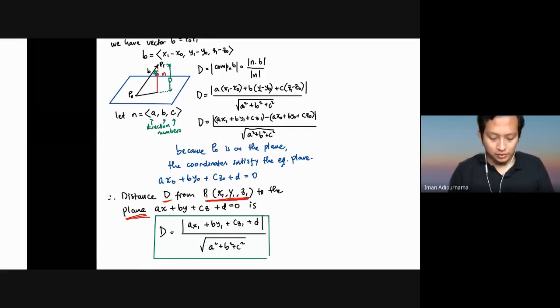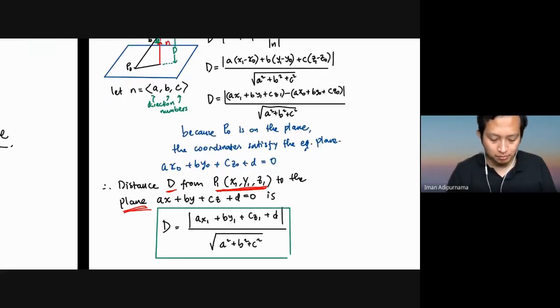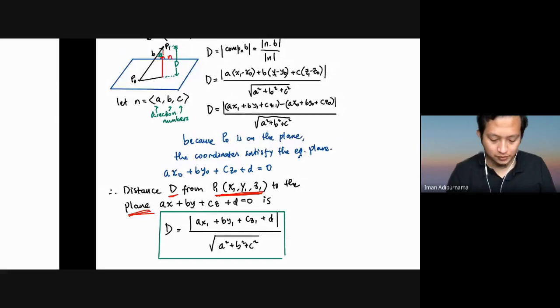So what you need to do is make sure the form of the plane is ax plus by plus cz plus d, and then you need to use a, b, c in the equation for distance.